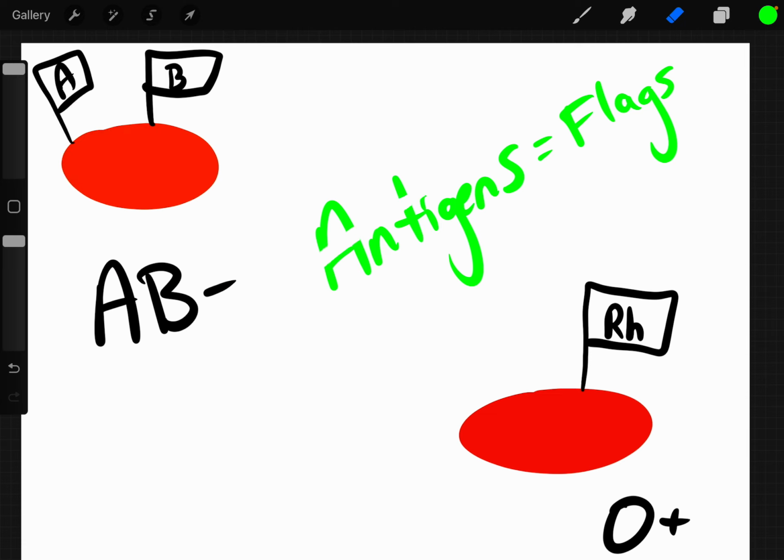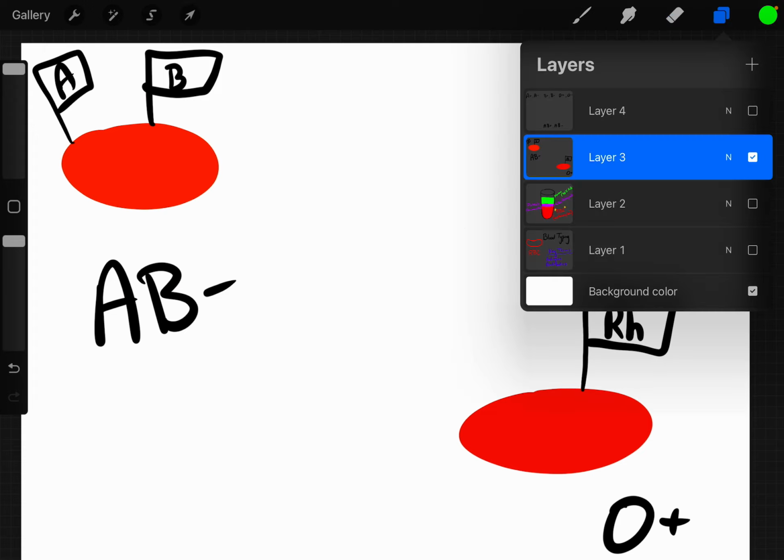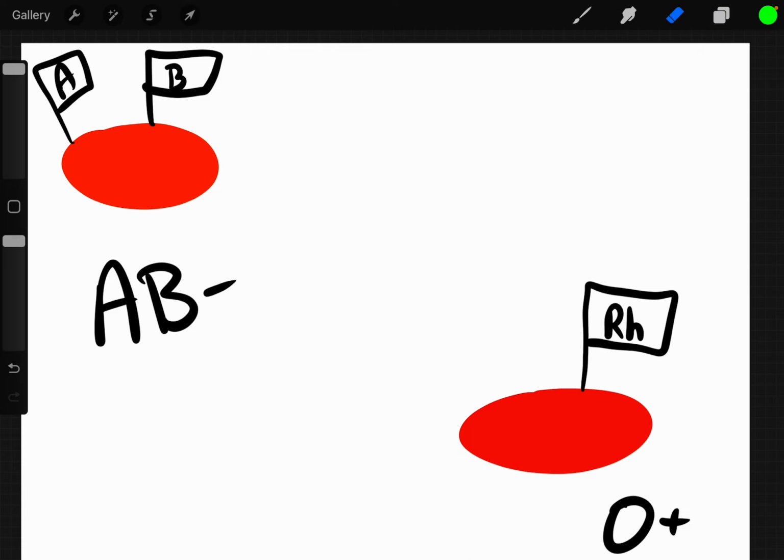Now, the other factor that we have to consider is the antibodies. Everybody has antibodies in their body that are responsible for kicking out whatever is not supposed to be coming into the system.